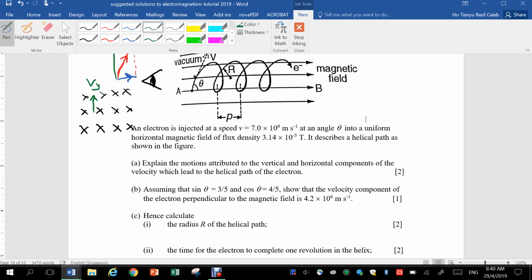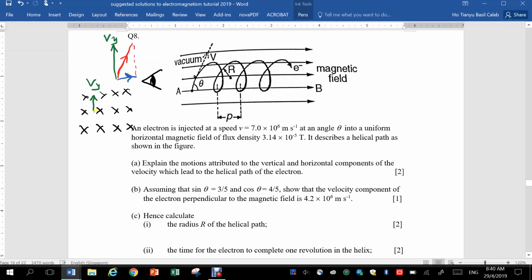So we have a force to the right on this charge. From looking from behind, the charge experiences a force to the right.